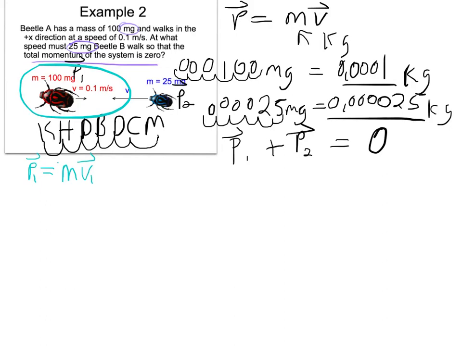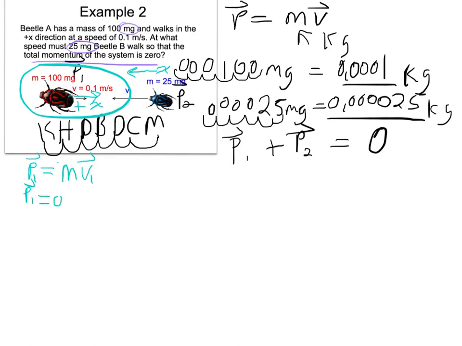Oh, and we're going to have to pick some directions. The problem says beetle 1 has a mass of 100 milligrams and walks in the positive x direction. So this guy is pointed this way, making this positive x according to the problem, meaning the other way has to be negative x. So bug 1's velocity, and therefore his momentum, will be positive.